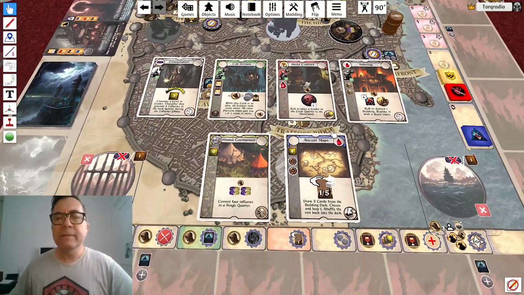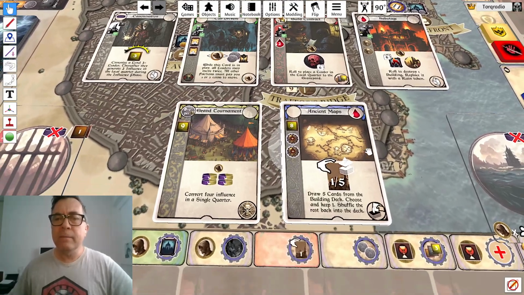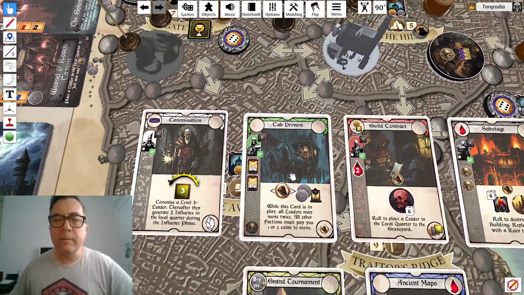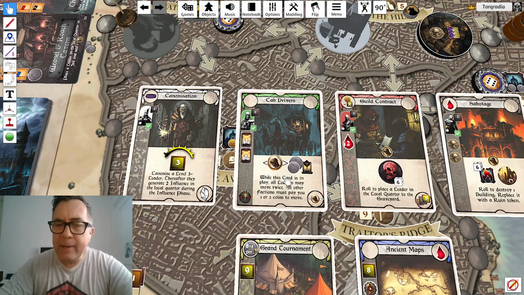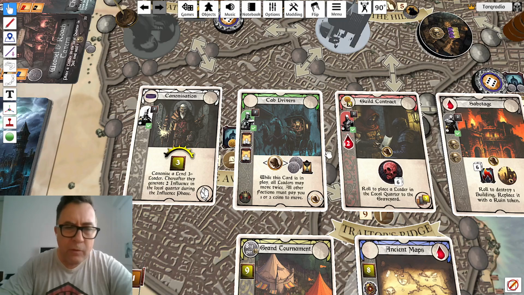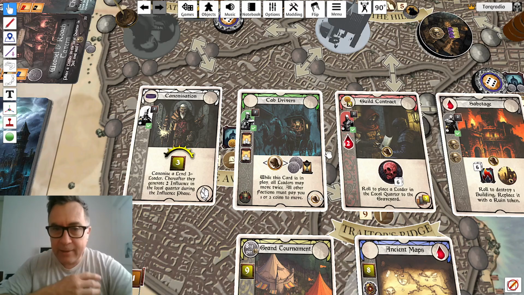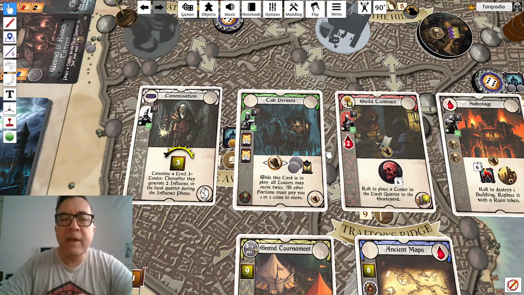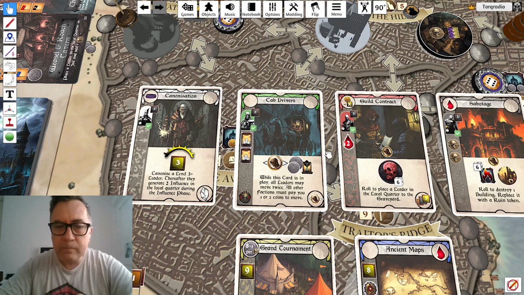But if that is the case, then rather than pay the costs and meet the requirements, a player can cause an advanced action to occur, like you see on cab drivers for the moment, if the Royal Council approves. So you can bypass the costs and the requirements of a card if you can get the Royal Council to vote in favor of you taking this action.